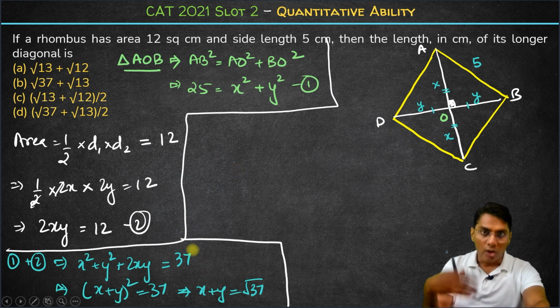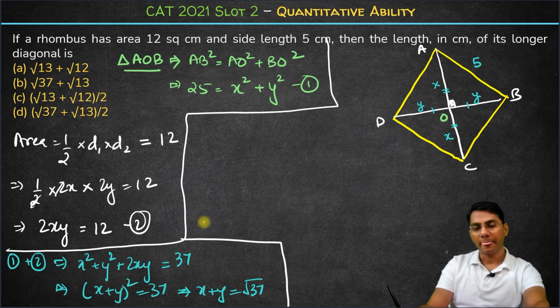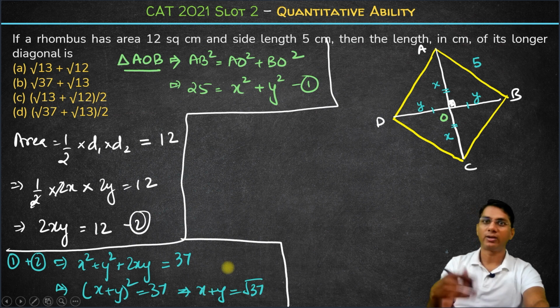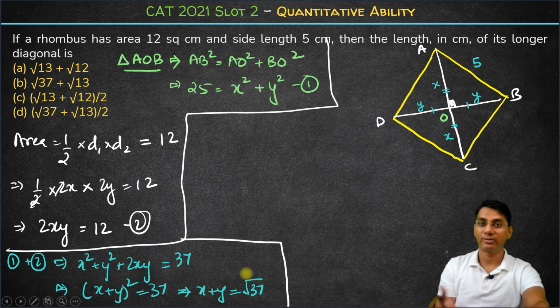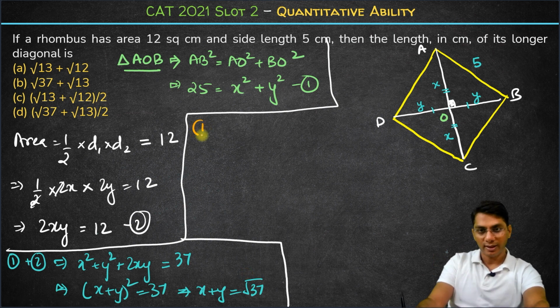Now how do we go about solving for x and y? One thing you can do is substitute 6 upon y instead of x, but you'll get a quadratic with irrational coefficients, which will again be a problem. The next thing you can do is, instead of adding 1 and 2, subtract them.